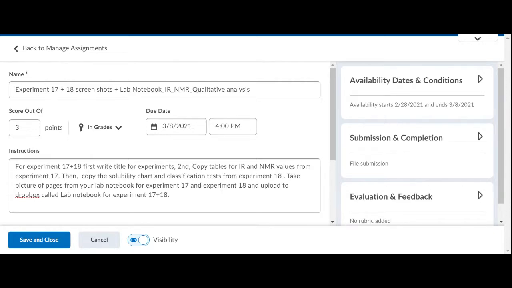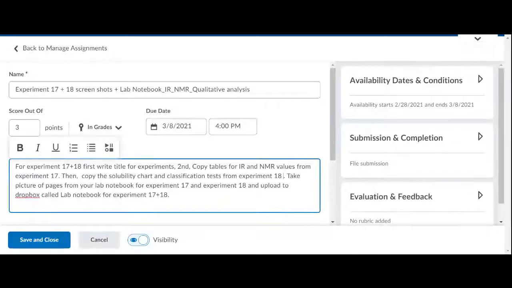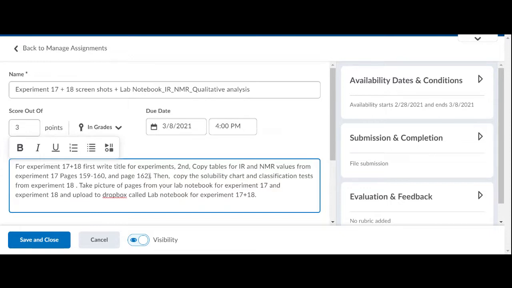I think it is pages 159 to 160 and then page 162. This is from experiment 17.